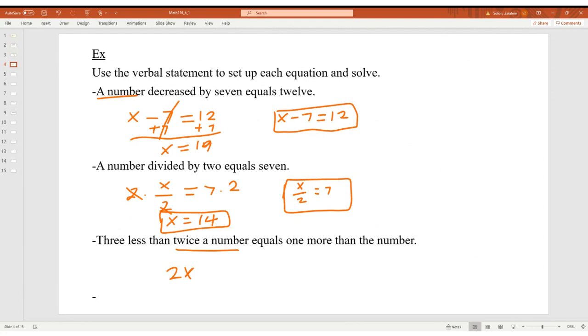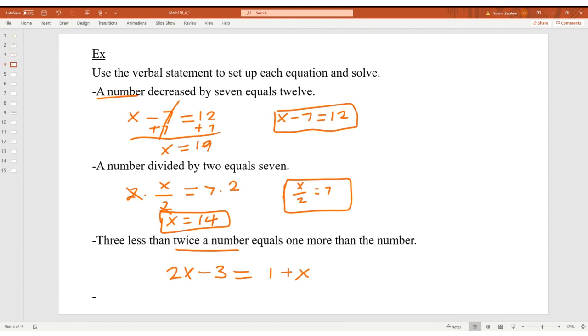You can use any variable, but I choose x because we usually work with x. 3 less than twice a number, so you have to take away 3, equals 1 more than a number. 1 more than a number is x plus 1, or 1 plus x, the same thing. More than represents addition. So that's the equation, and we'll learn how to solve this.